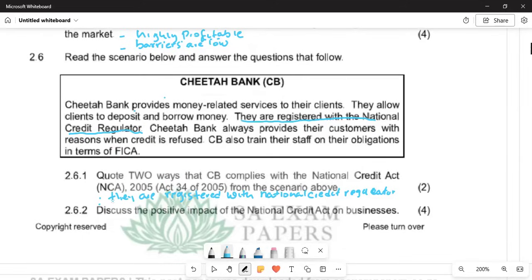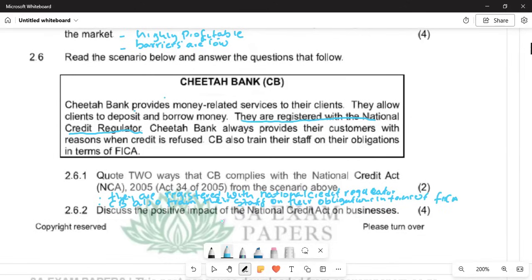Also, CB trains their staff on their obligations in terms of the Act.